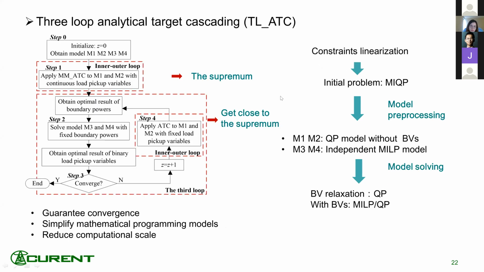So in this part, we have further improved the algorithm to give the final result a convergence guarantee, even though we have a complex model with integer variables. And also we do some simplifications of the mathematical programming models and reduce their calculation scale.